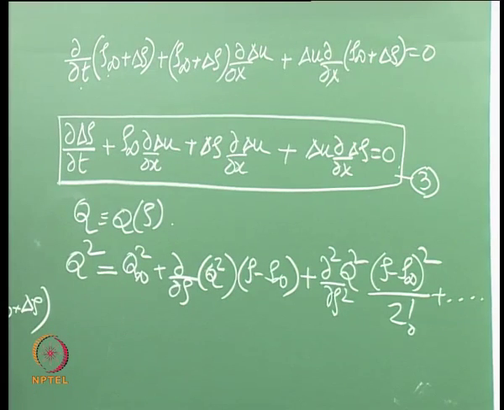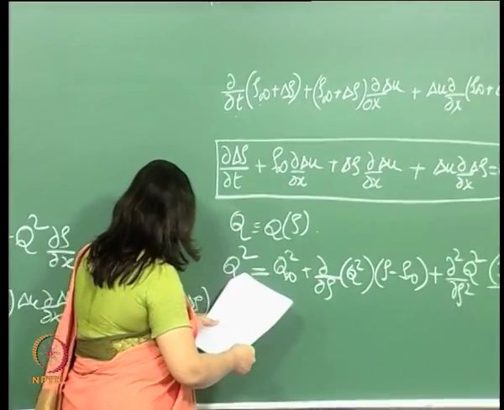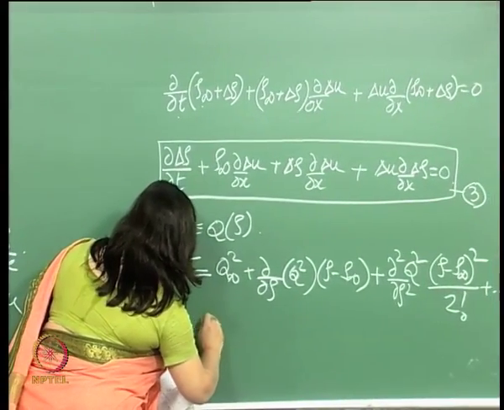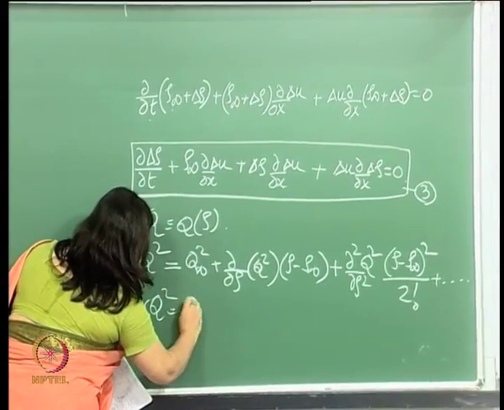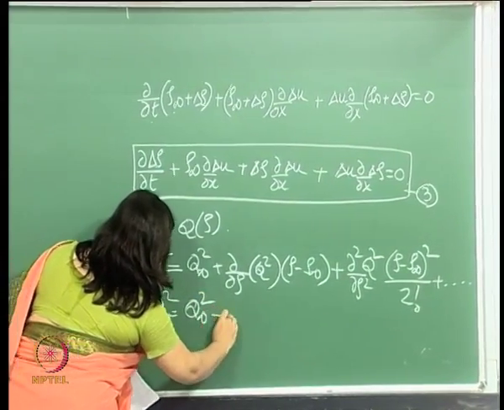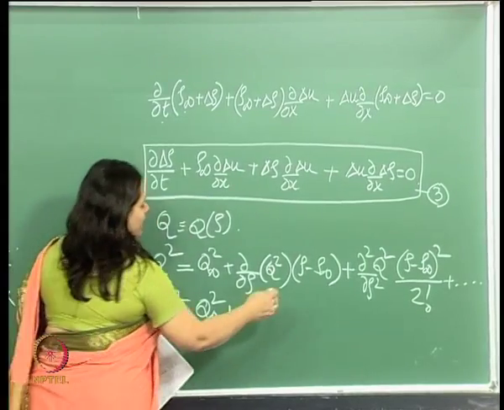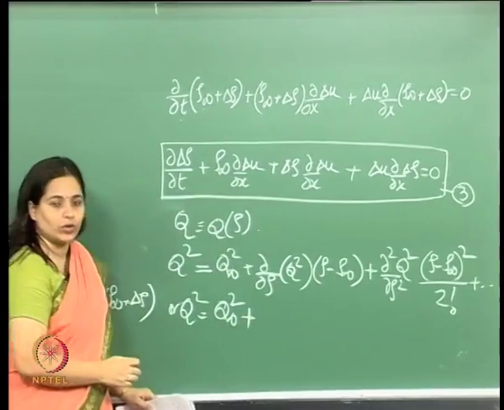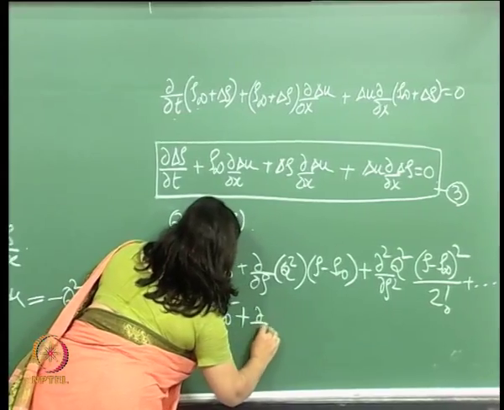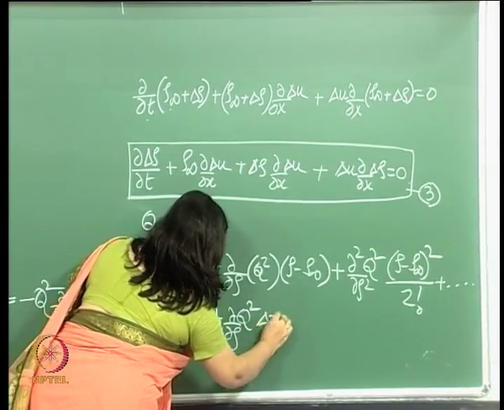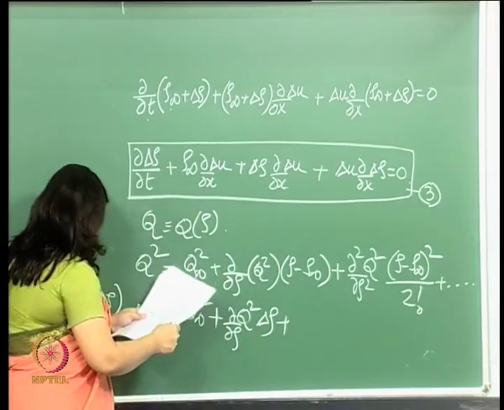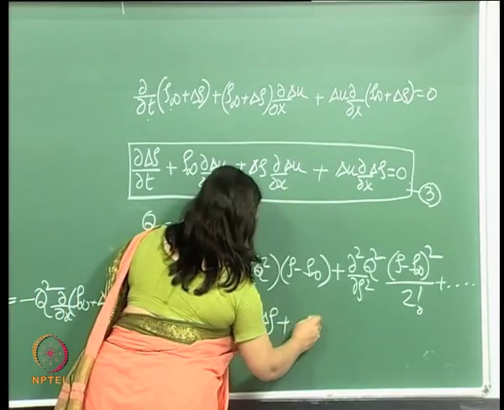Okay. So, this is the expansion. So, then I can again write this as delta rho. Okay. So, what this becomes, and so on and so forth.